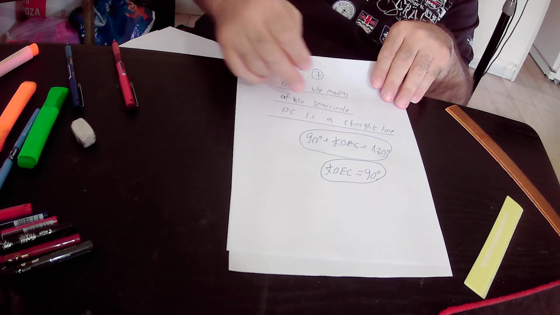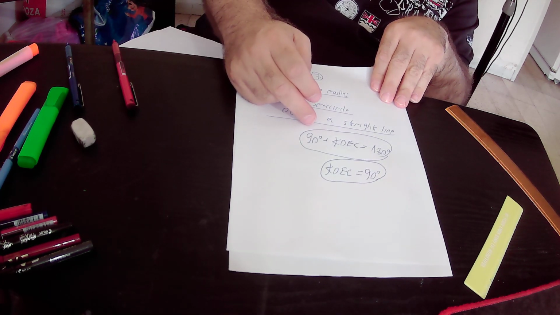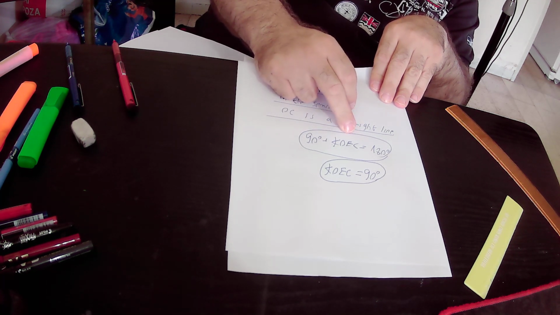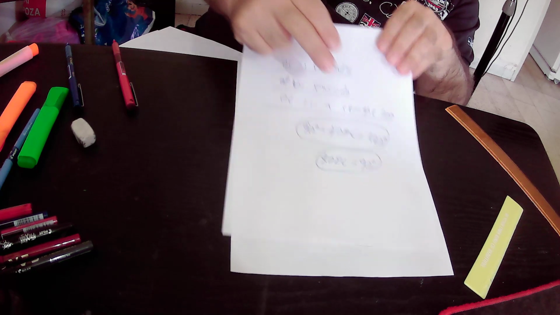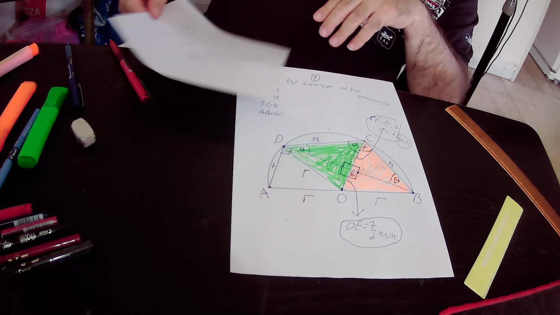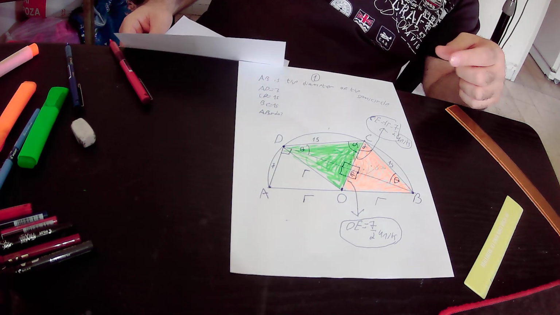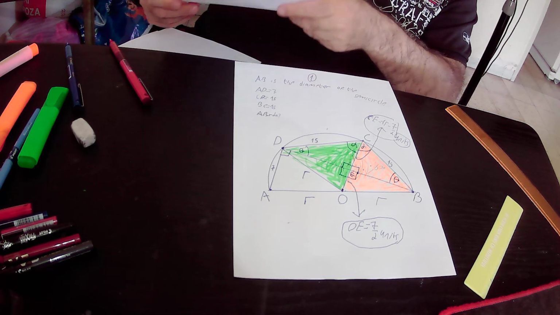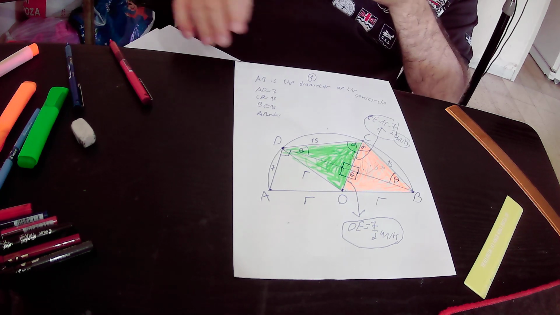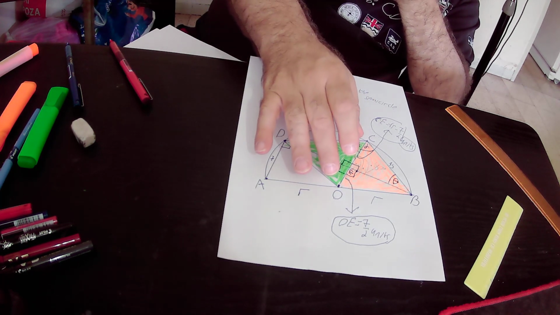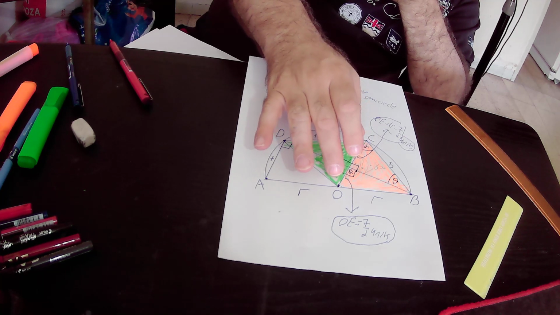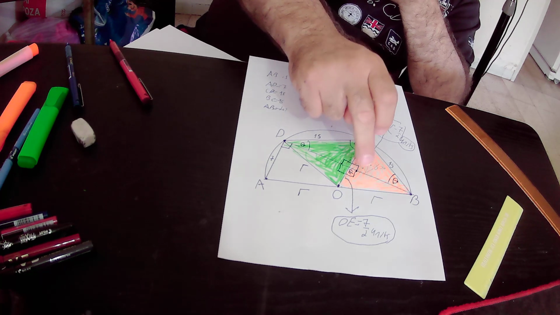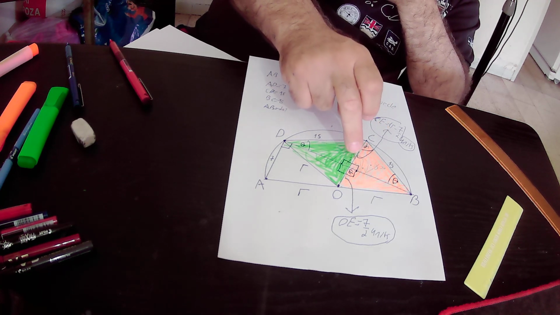Again, the right angle that is 90 degrees plus the size of angle OEC must be equal to 180 degrees, because we have a rule that states that along a straight line, if we focus on only one side of that straight line, in our example only the left side of the straight line OC, and at point E the sum of the angles must be equal to 180 degrees.